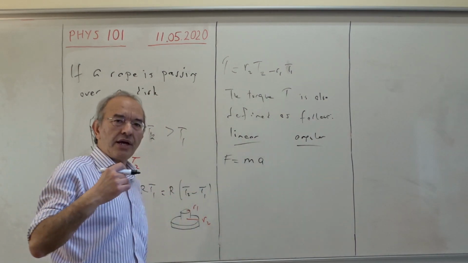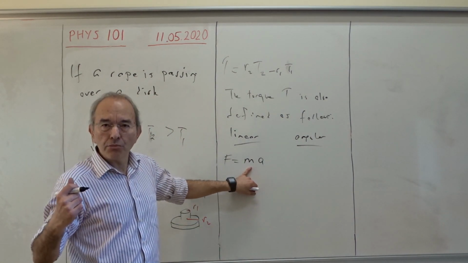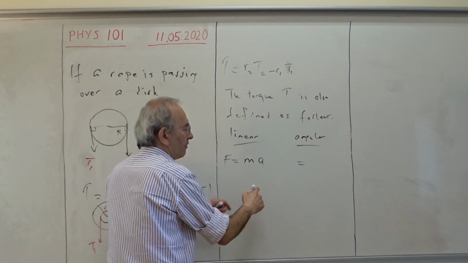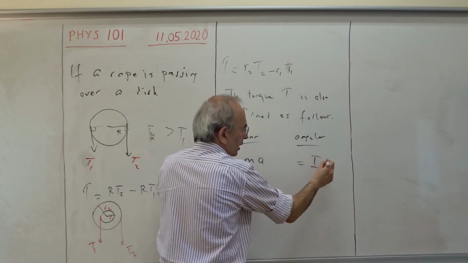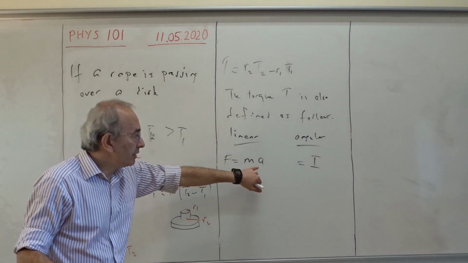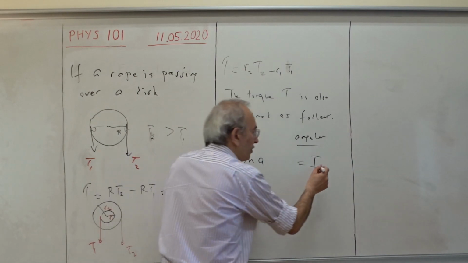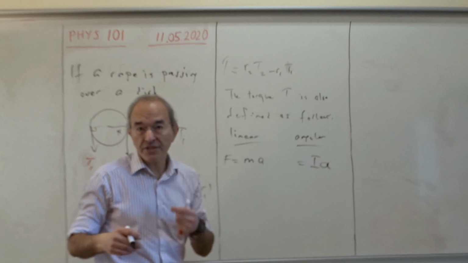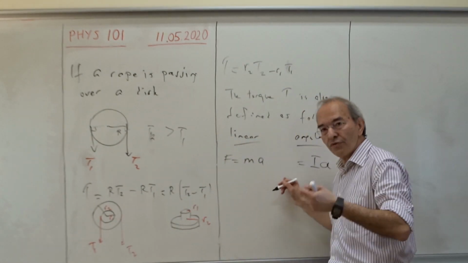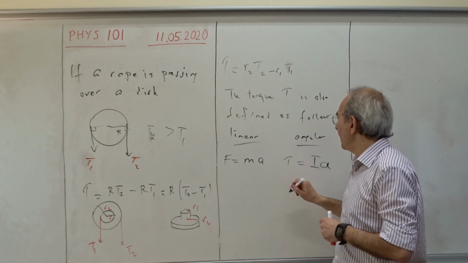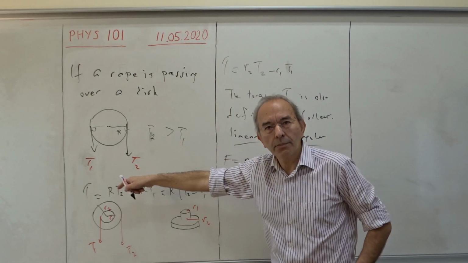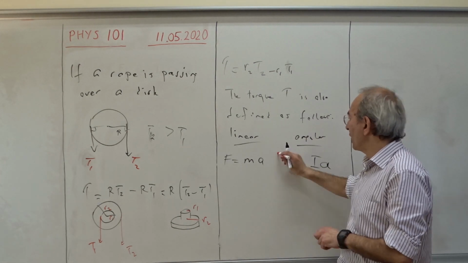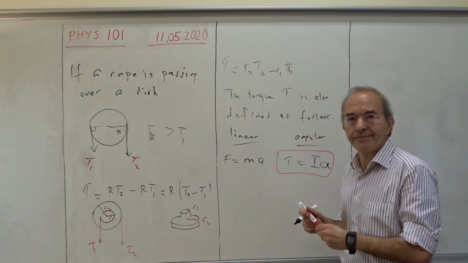We have already seen that mass m in the linear motion corresponds to rotational inertia. So on the right hand side, instead of m, we should have inertia I. Instead of a linear acceleration, we have angular acceleration alpha, and on the left hand side, instead of net force, we have the net torque, which we have been talking about today.